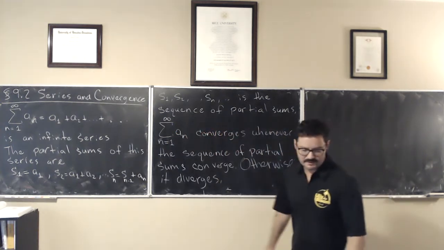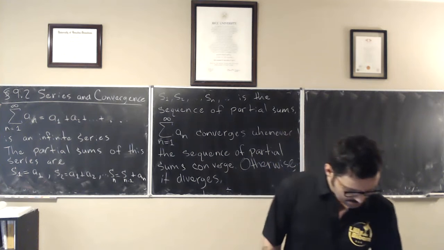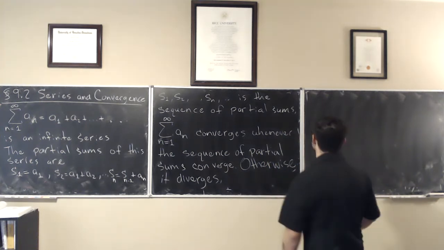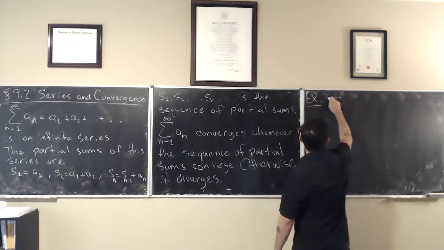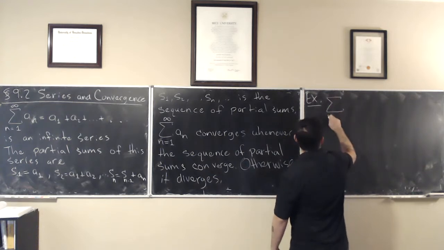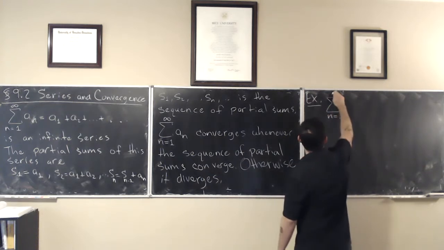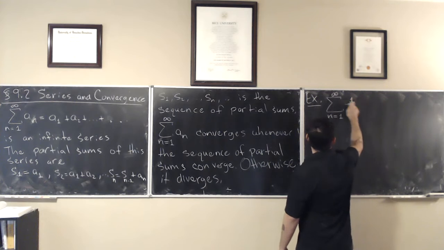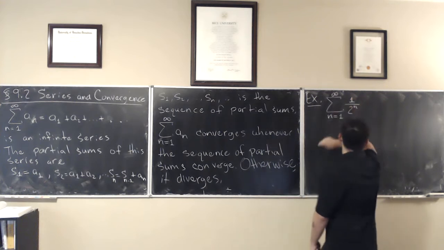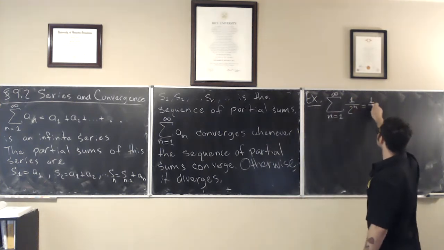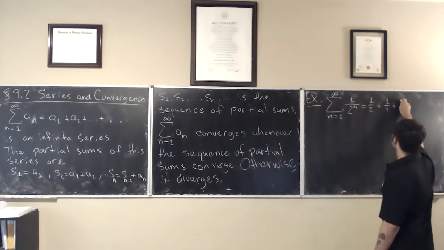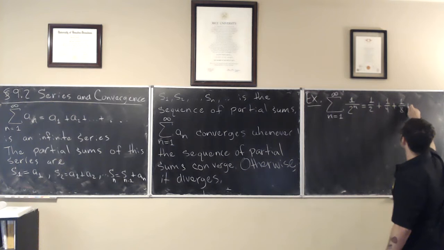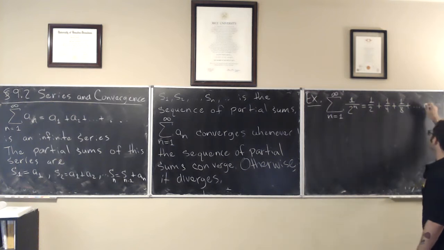Okay, so I think it's best to maybe look at an example. Let's look at what happens when we add 1/2 to the power n. So 1/2 plus 1/4 plus 1/8 plus dot dot dot all the way off to infinity.